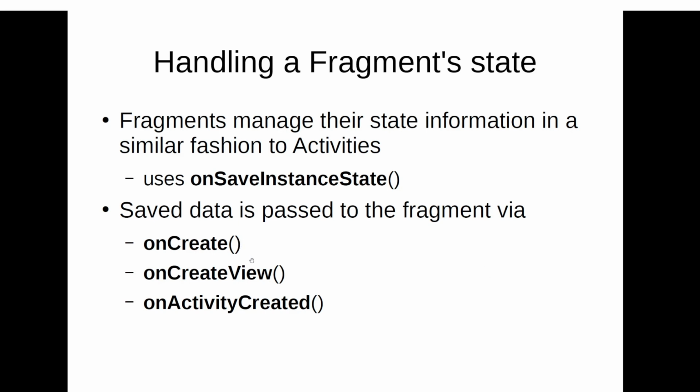The need to manage your state across these different functions is a result of the fact that a fragment has a more complex lifecycle than an activity, and multiple things can impact when a fragment is being created or recreated, such as being removed or replaced in an activity, the activity being destroyed but the fragment being retained, or the fragment being destroyed and recreated while the activity is retained.